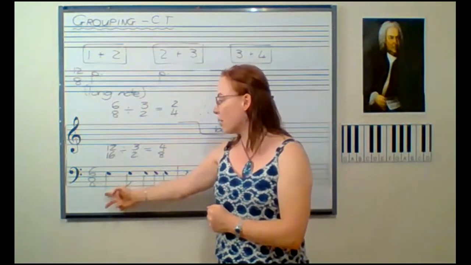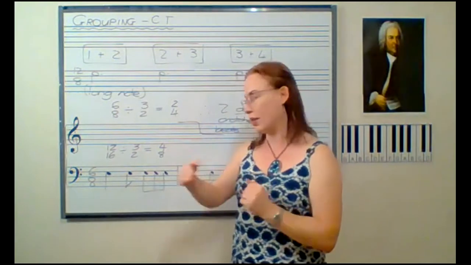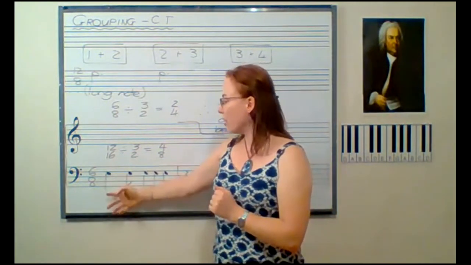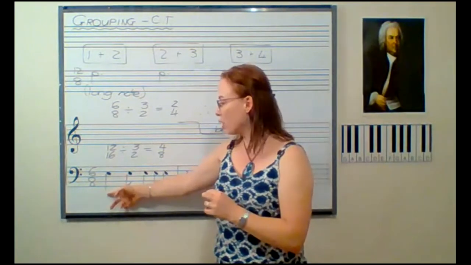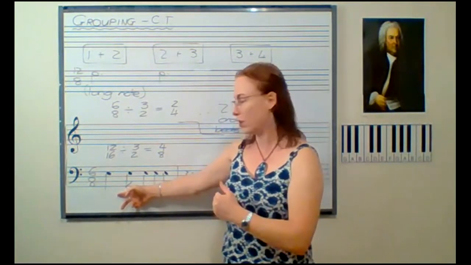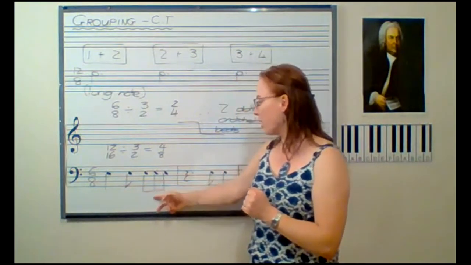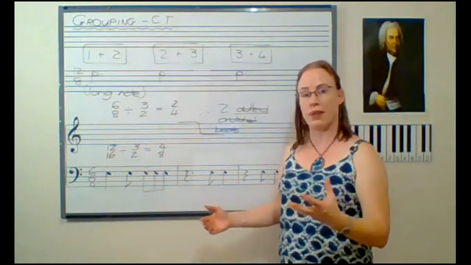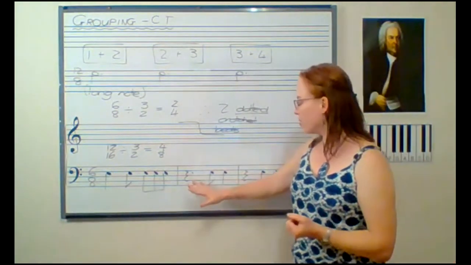These aren't beats, it's just the principle that I'm applying here. You're going to tell your learners that you can group the subdivision 1 and 2 together if it's a long note. Of course, I'm going to put that together because a beat value is a dotted crotchet. I will look at the rest just now.